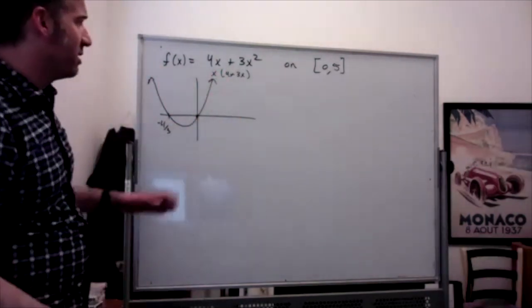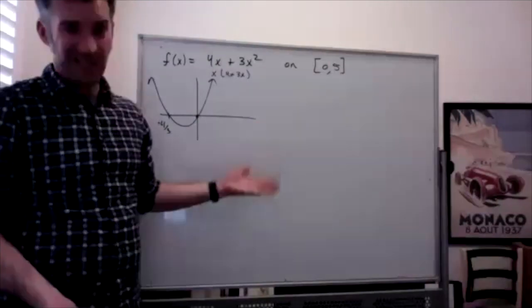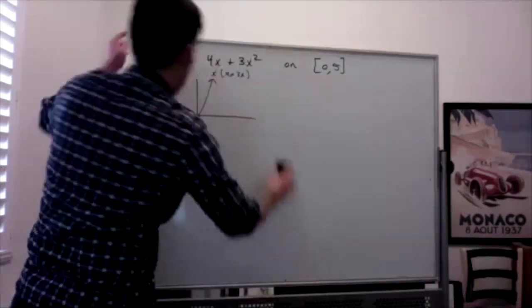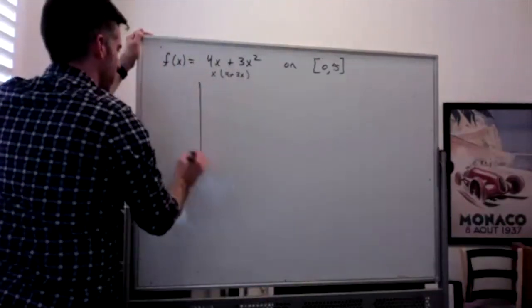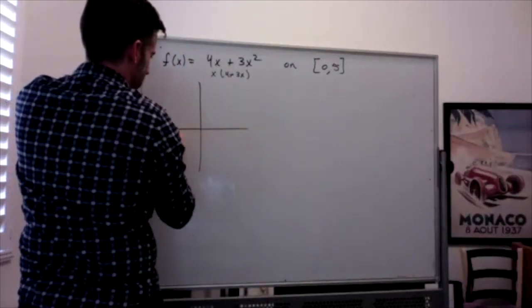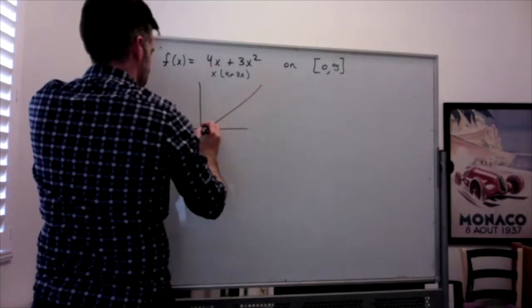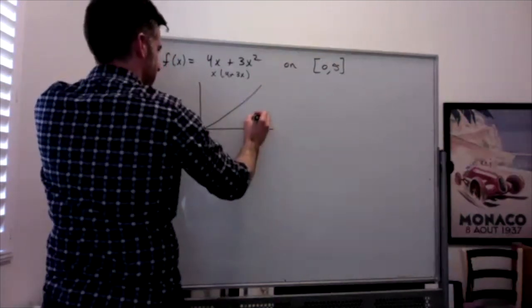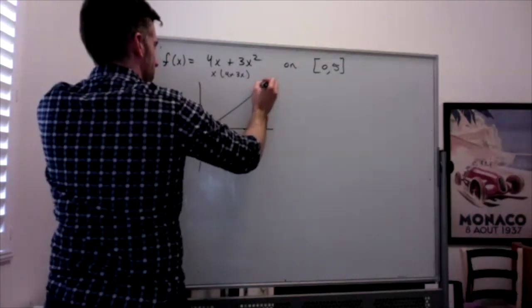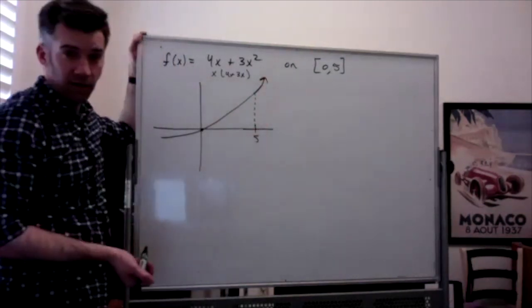All I really care about is that on the interval I'm working with, it's increasing. So I'm going to draw it kind of exaggerated. Here's my parabola from say 0 to 5, and I'm trying to find the area under that curve.